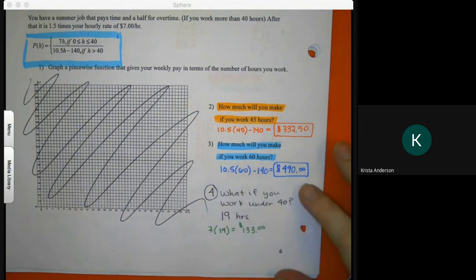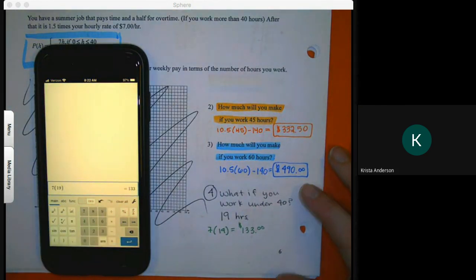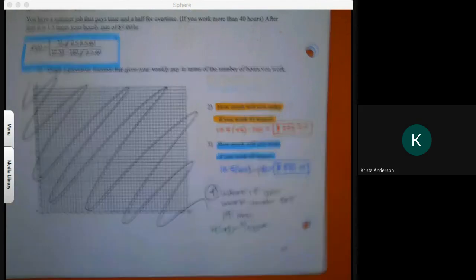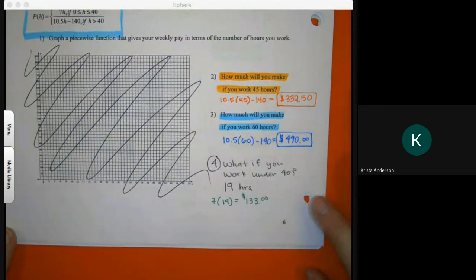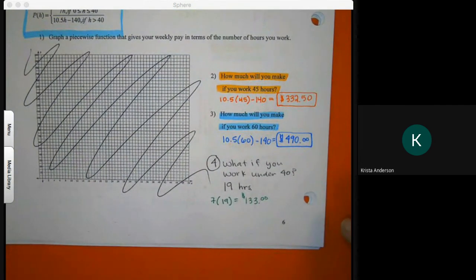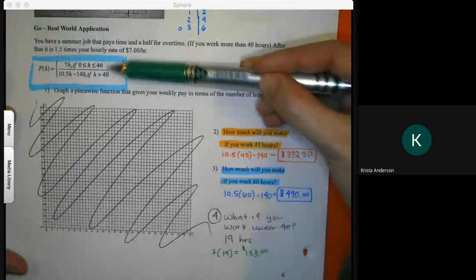I'm gonna double check. 7 times my 19 hours is $133 per week. So that's kind of how piecewise functions work. When something's adjusted, it applies for both.